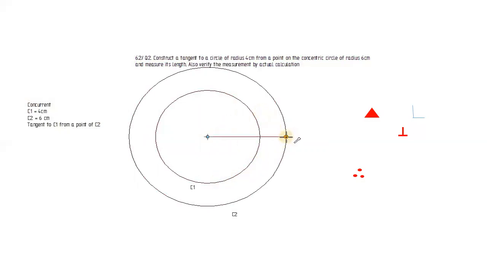How do I draw a tangent? To do so, first I need a perpendicular bisector. So along that line, from either end, I will have to first measure more than half. It can be more than half, it is all up to you.